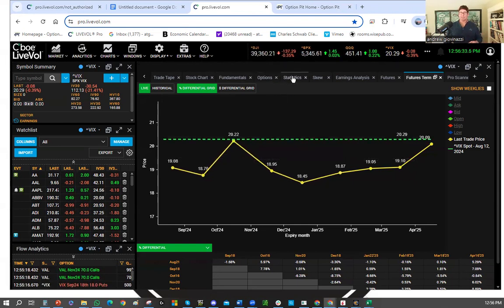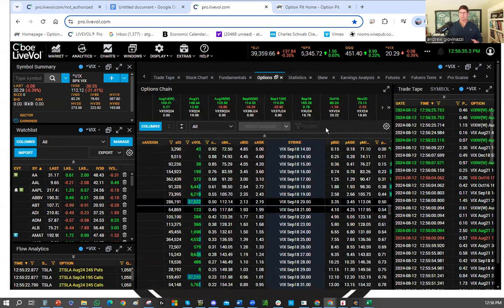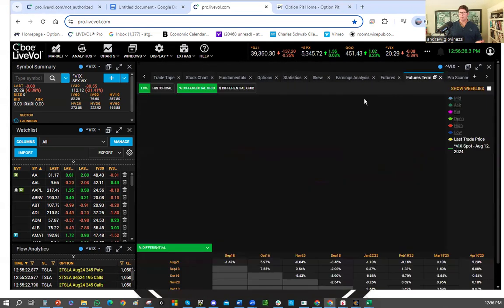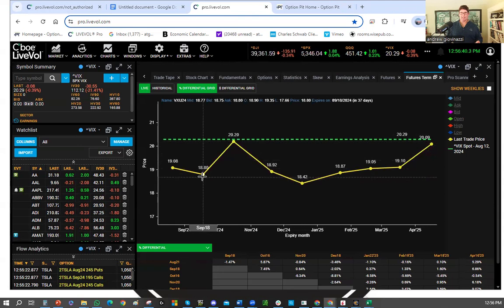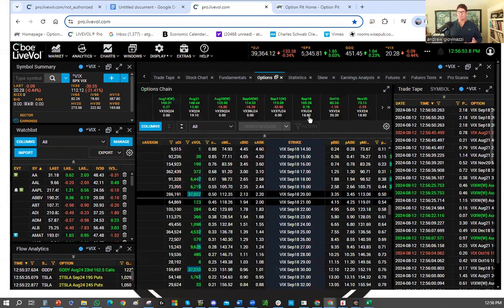So in the example here, if I'm trading right now, our VIX future is trading 18.80, 18.77. We would need the future to get to 16, down 2 points, to really get these puts to move.